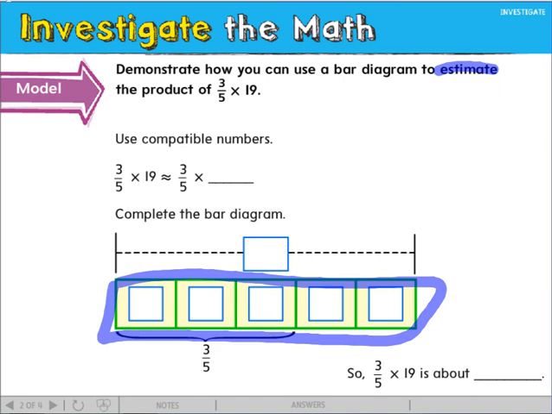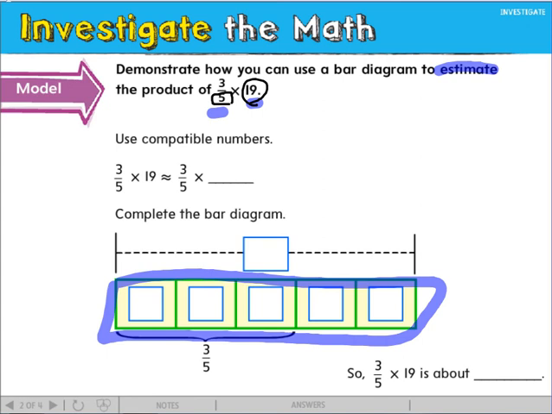When we're looking at 3/5 times 19, we have a fraction and a whole number. So we're going to round our whole number to the nearest number that is easy to work with, using our denominator. Our denominator is 5 in this case, right? So we're going to count by 5s until we find the closest number to 19. 5, 10, 15, 20, 25.